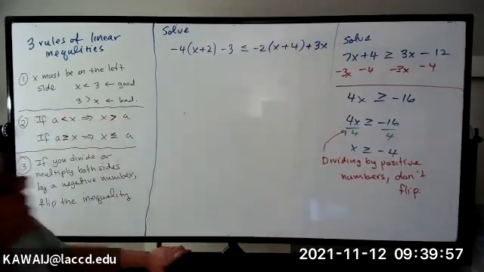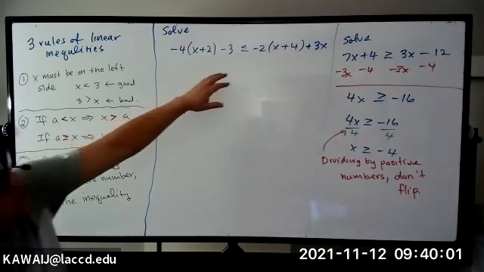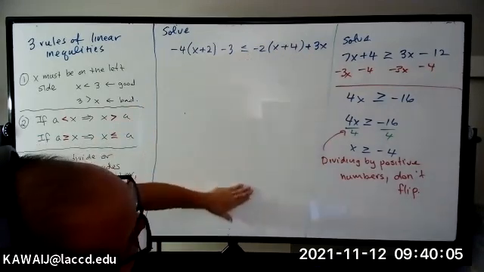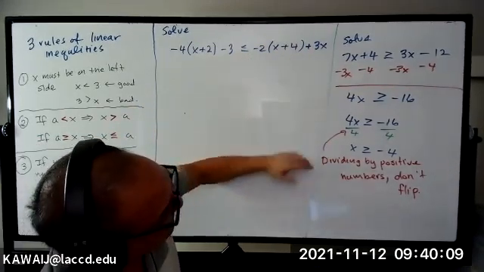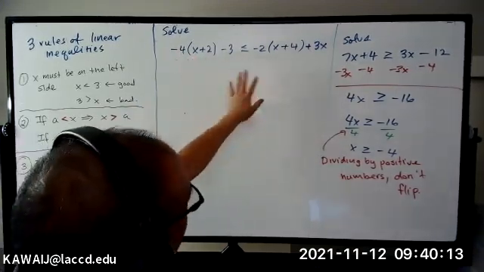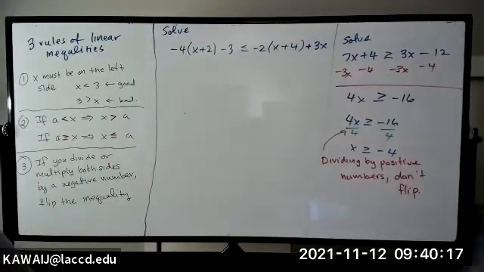All right, let's go ahead and do that. So do everything that you would do as if there was an equal sign. The only time you have to care about flipping is on that very last line, but go ahead and distribute. Everything else is exactly the same as if you had an equal sign.